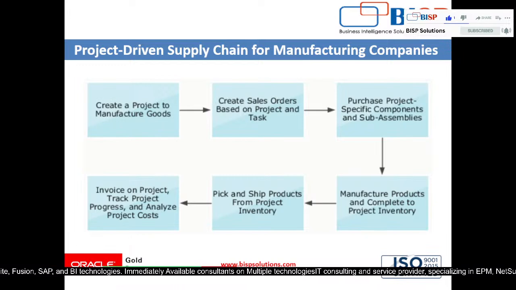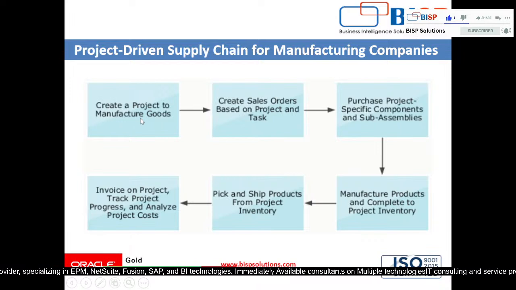So this process is a turnkey solution, or you can say a bundle sale of product with an ongoing service, or executing contract manufacturing services on multiple contracts from one plant, right? In the manufacturing plant, first we create our specific project to manufacture goods, right?